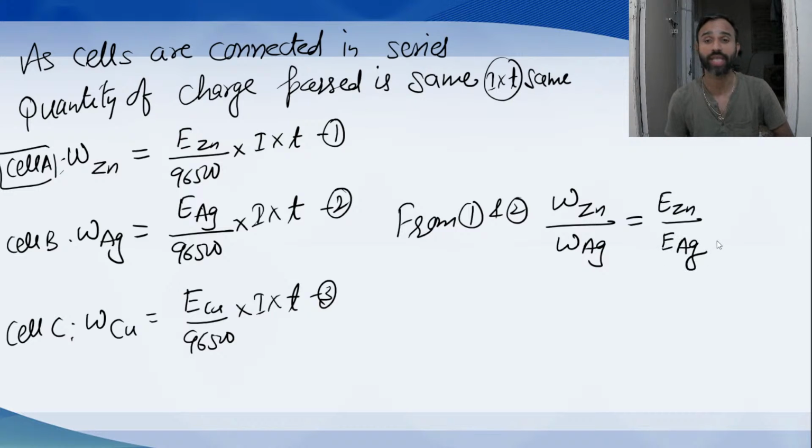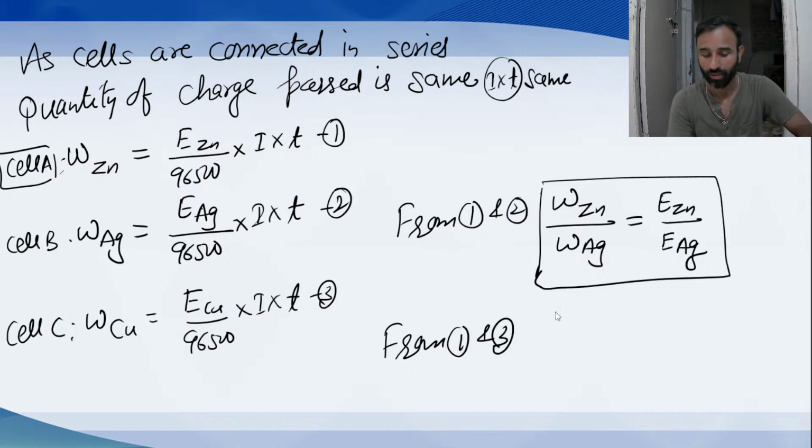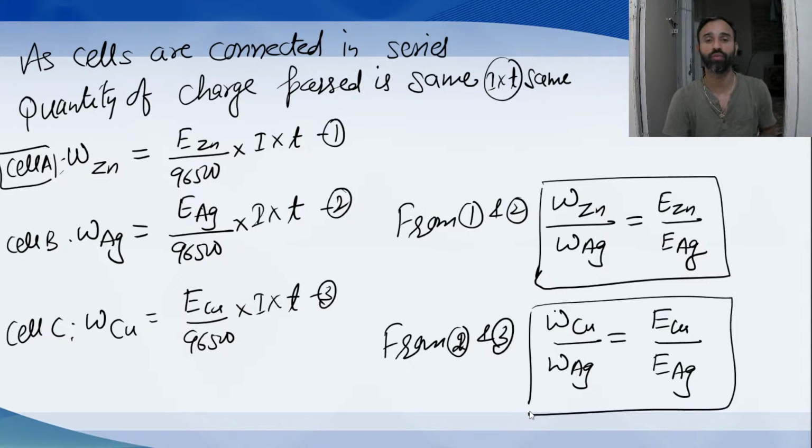This is Faraday's second law, that ratio of the weights deposited is equal to ratio of their equivalent weights if cells are connected in series. And from 2 and 3, weight of copper divided by weight of silver equals equivalent weight of copper over equivalent weight of silver. In this way, we can calculate weight of zinc as well as weight of copper.